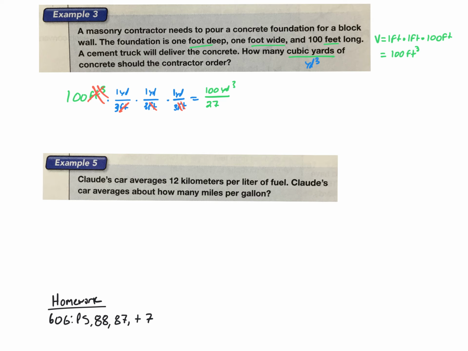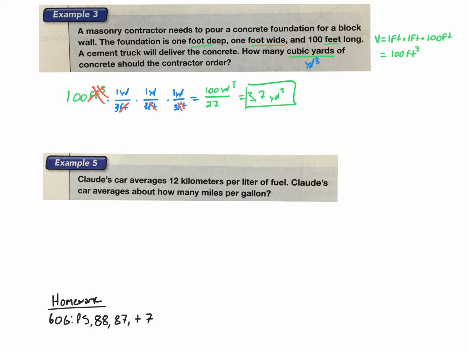So I'm going to take 100 and divide by 27, and I get 3.703703703, etc. So I'd say about that many yards cubed is what I would go with. 3.7 yards cubed, or if you can only order 3 or 4, then obviously you need to order 4 yards cubed.